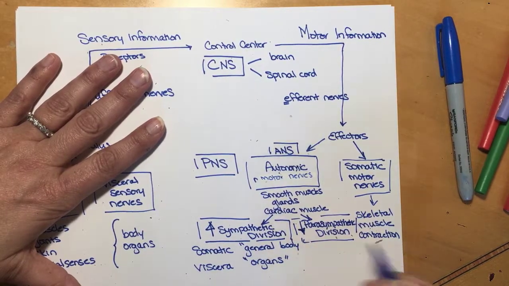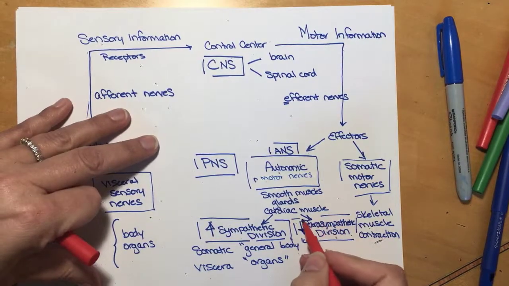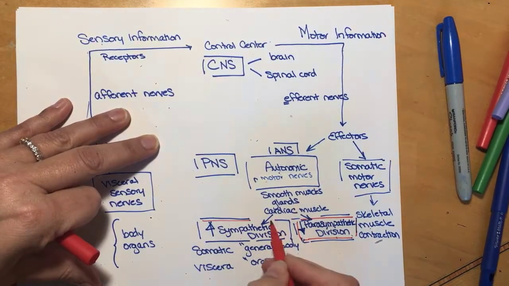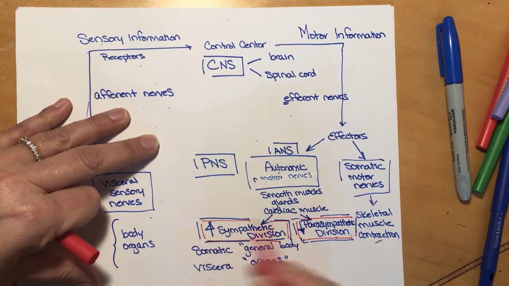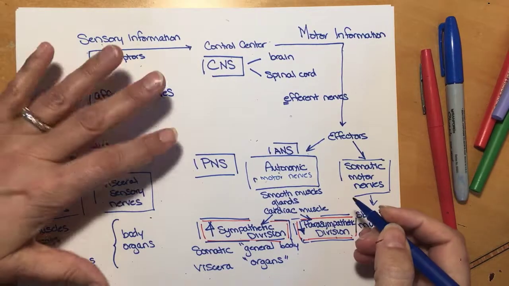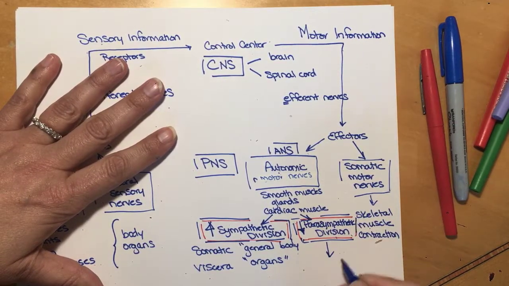So when you are sitting around and just watching TV, it's going to be the parasympathetic division that is sort of slowing down your heart rate, slowing down your respiratory rate, and getting you ready for sort of general body activities. So we call this one your rest and digest system.